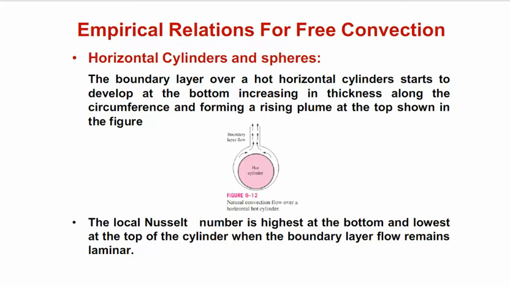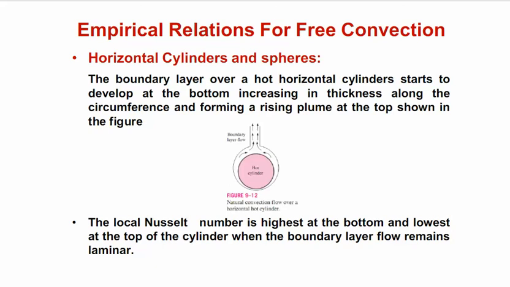That forms a boundary layer flow, where the boundary layer is very thin at the bottom and thicker at the top of the cylinder. The local Nusselt number is highest at the bottom and lowest at the top of the cylinder when the boundary layer remains laminar.